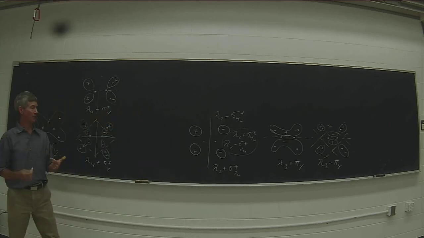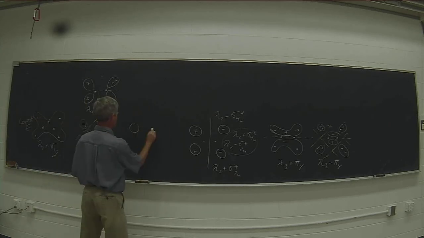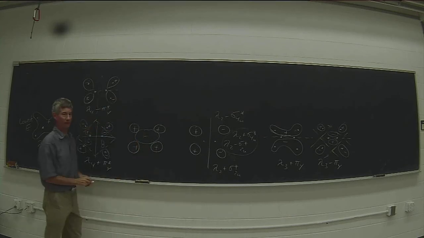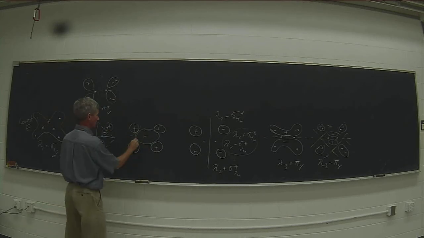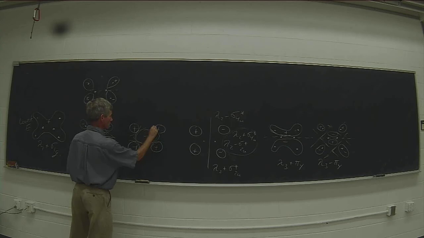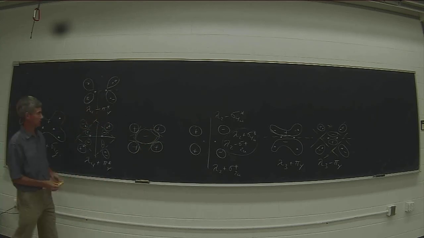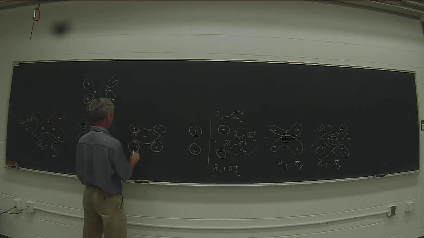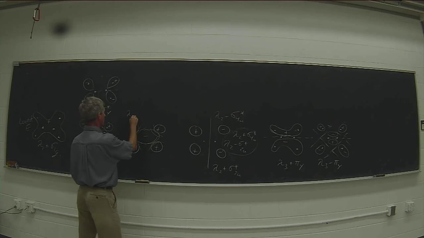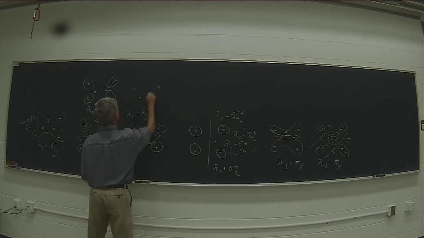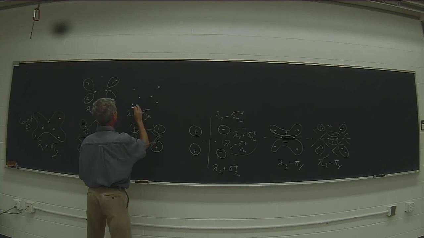Let's look at lambda 1 minus sigma 1g. Lambda 1 minus sigma 1g looks like this. We're out of phase. We're creating new nodes on all the carbon-hydrogen bonds. So lambda 1 minus sigma 1g is going to look like this.